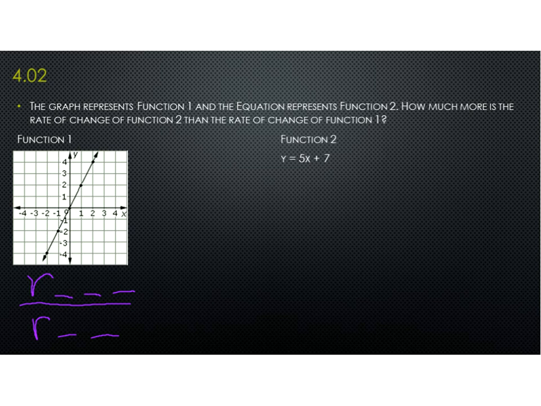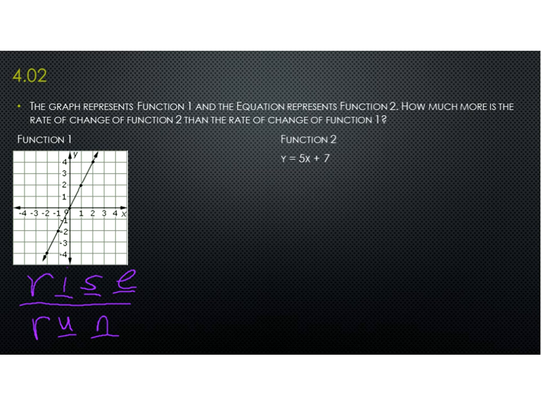Rate of change from a line on a graph. Okay, I'll go ahead and fill it in.